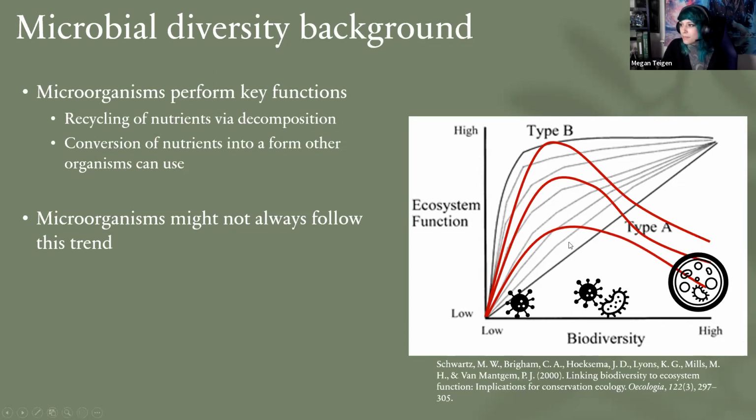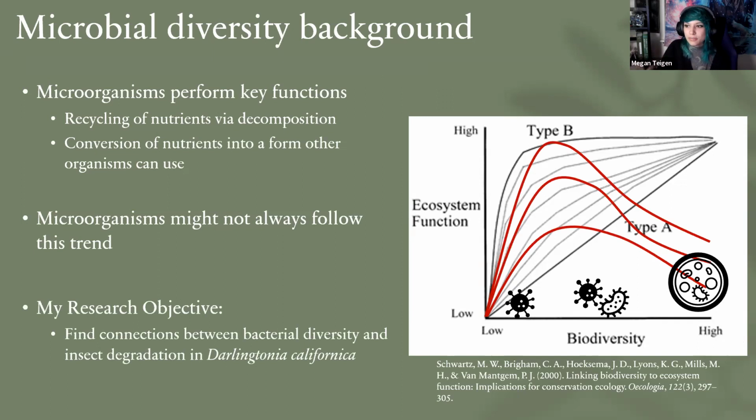And that peak might lie somewhere in the middle, but we don't really know. So for my research, I'm focusing on the bacteria in this system and on Darlingtonia, and I want to find the connections between bacterial diversity and insect degradation and how it helps this plant thrive.